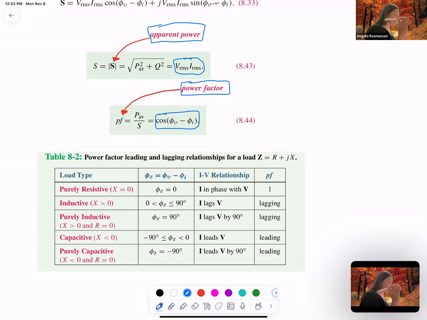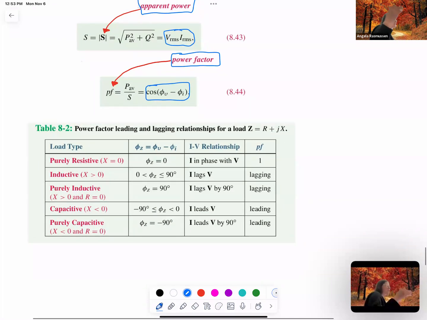If the angle is between 0 and 90 degrees, you're going to consider it lagging, meaning it's inductive. And it will be leading, meaning current leads the voltage, if it's negative. So it's capacitive if it's a negative value.